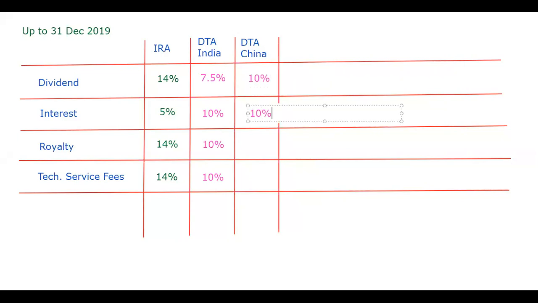Here, 10%. Royalty also 10%. This one, what we need to put is not applicable.